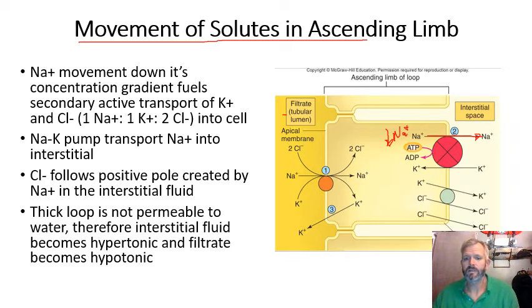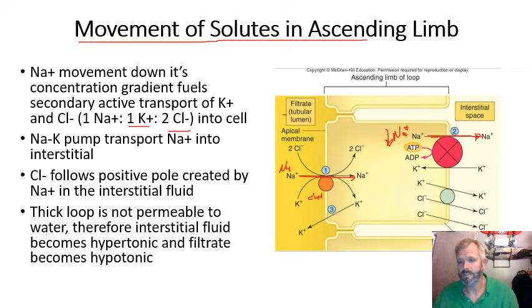What's that do? Now we have a gradient, high sodium out here, low sodium in the cell, and that's going to draw sodium in, and we can use that sodium gradient to fuel the movement of potassium and chloride into the cell. Okay, so this is secondary active transport here. We're using the sodium gradient. What's the sodium gradient set up from?